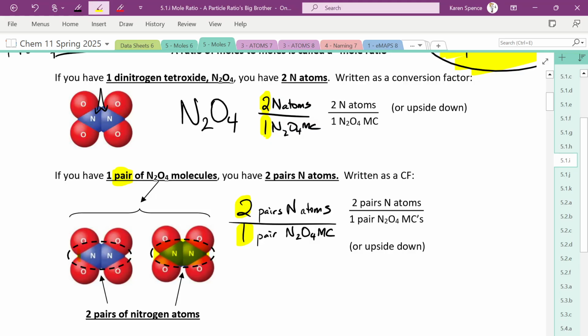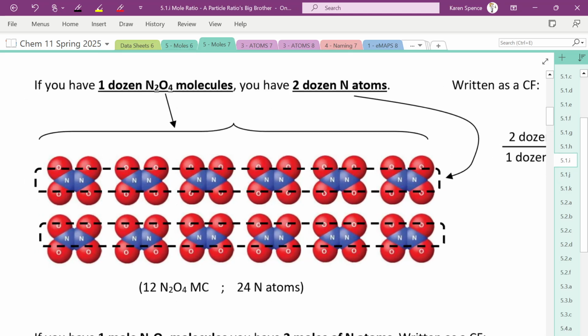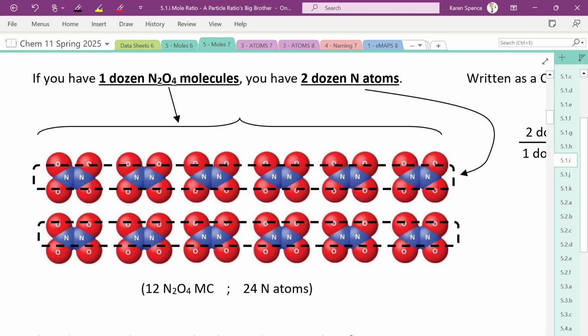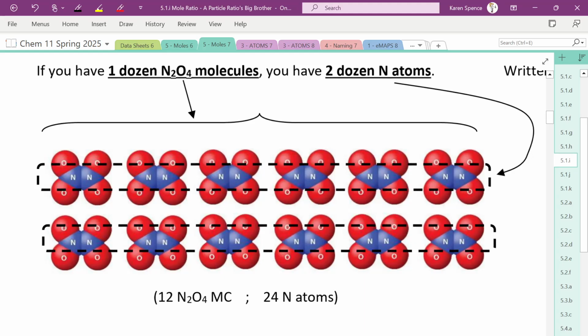Now, what if we had even more? What if we had a dozen? Yeah? Look, here we go. Here's a dozen. 12 molecules. Okay? And then if we count up the N atoms in these 12 molecules, 1 dozen N2O4s, we can say I've got 1, 2, 3, 4, 5, 6, 7, 8, 9, 10, 11, 12.